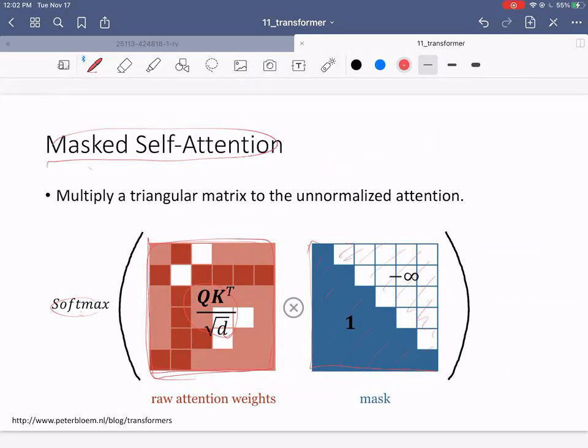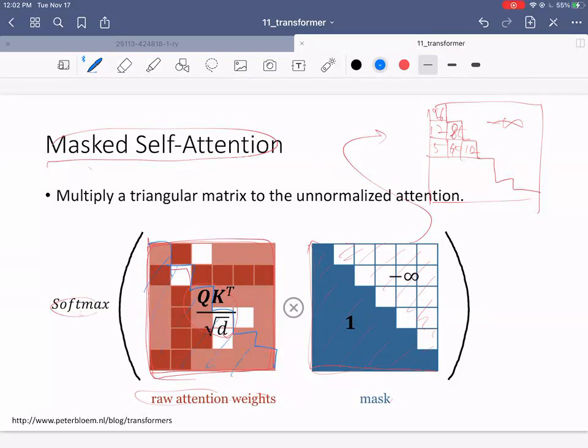When you multiply this mask with your raw attention weights, all these will be negative infinity, and these will keep their own values, like 96, 12, 85, 112, 64, and maybe 5, something like this. So the values here will be left intact.